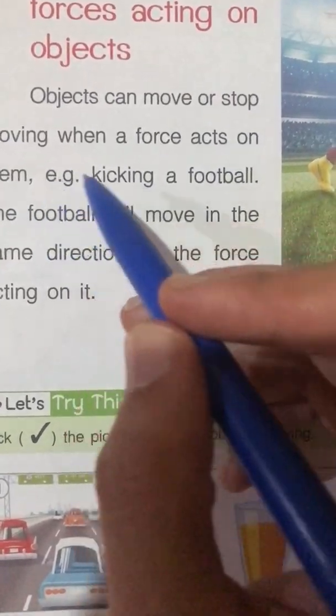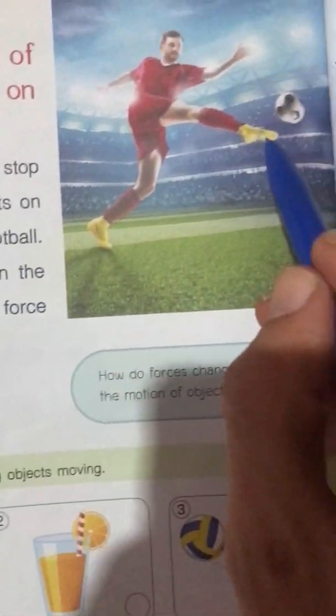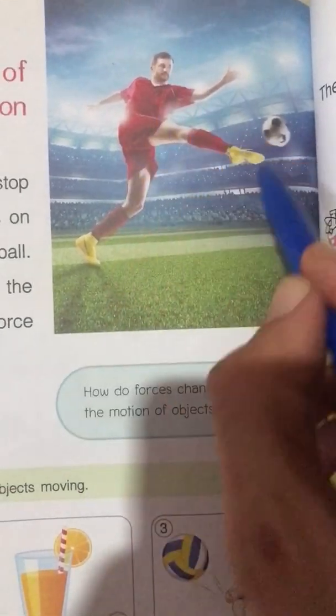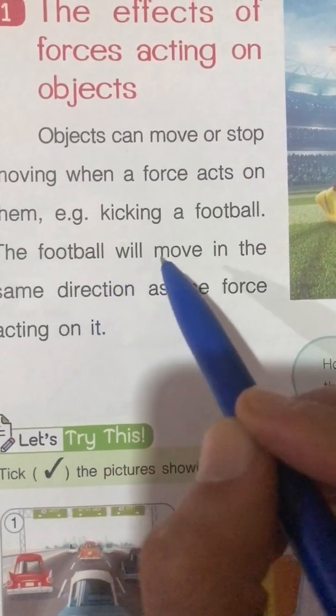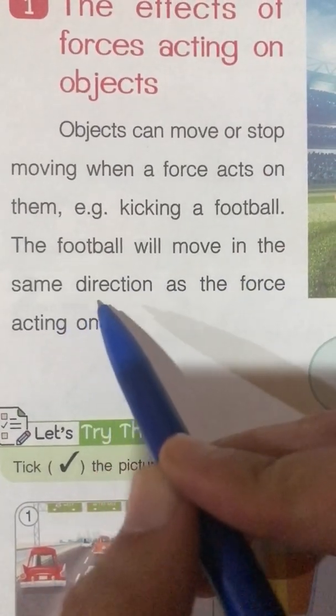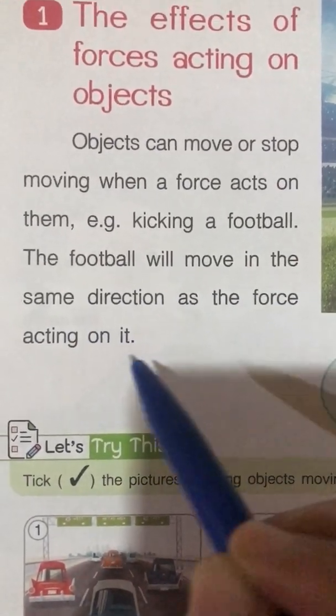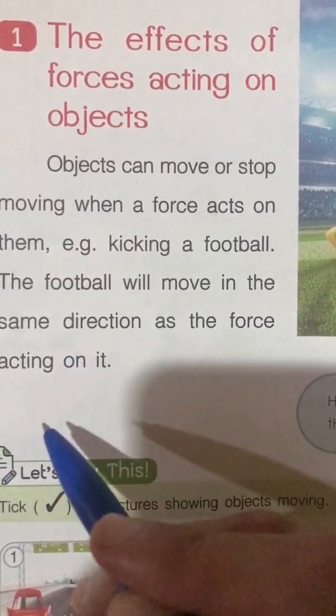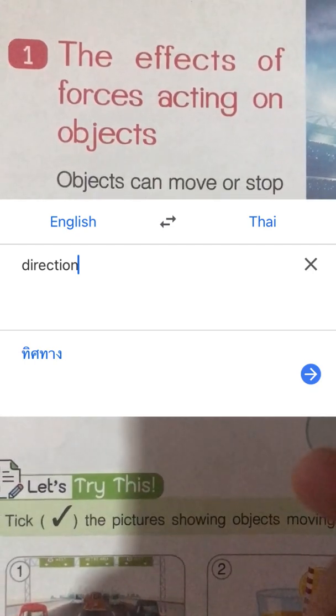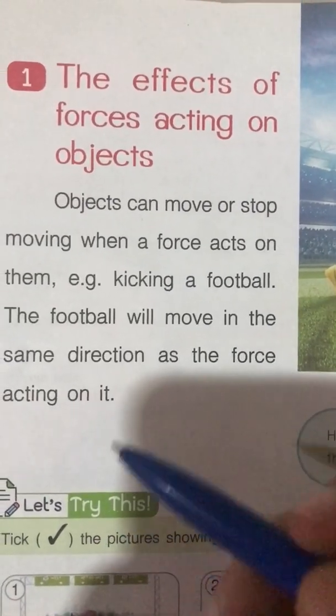For example, kicking a football. He is kicking a football. The football will move in the same direction as the force acting on it. Do you know the meaning of direction? Look here. Very good. I read again.